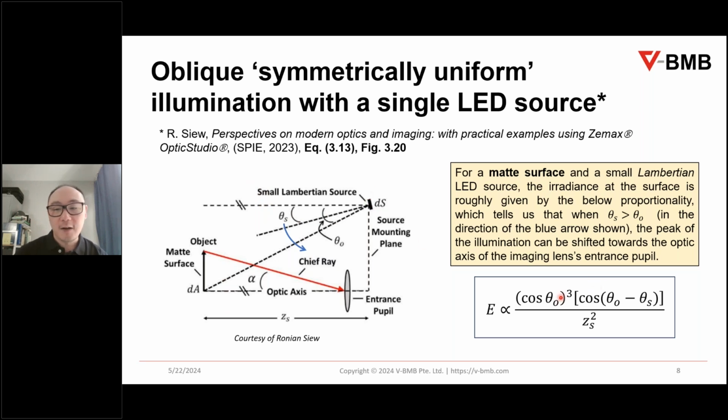But if you tilt it, you've got a cosine to the power of 3 times the cosine of the difference between these two angles. And this equation tells you that if you point the angle beyond theta naught, beyond this line of sight, you can balance all these terms and create symmetry about the axis on the object.